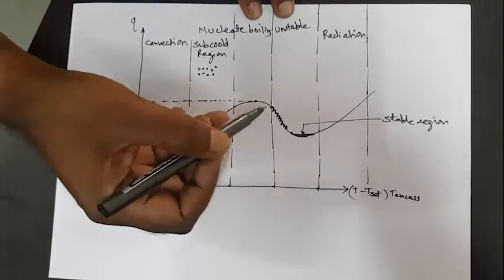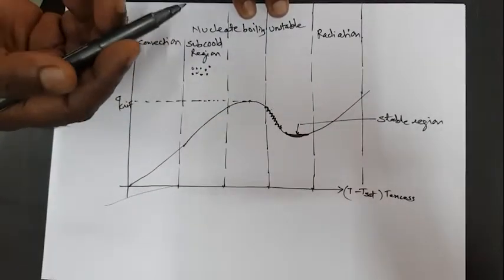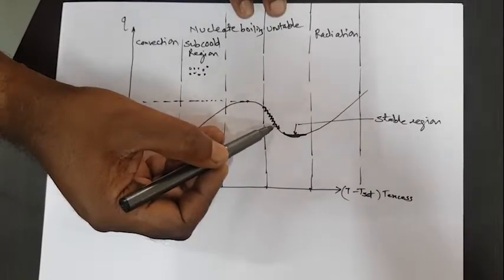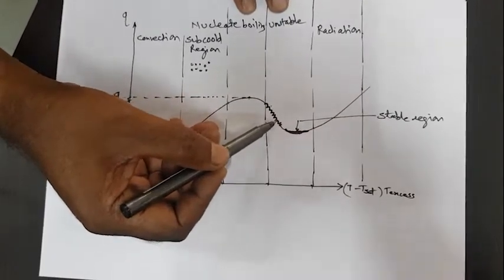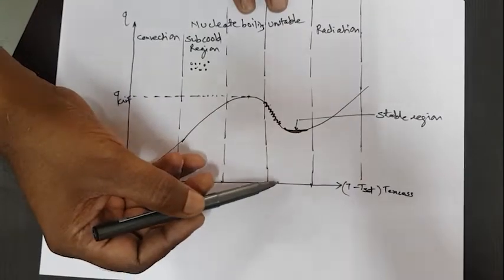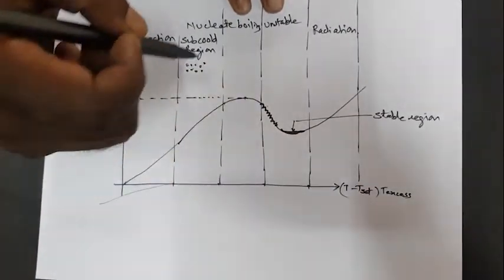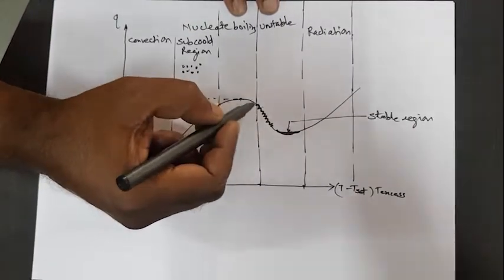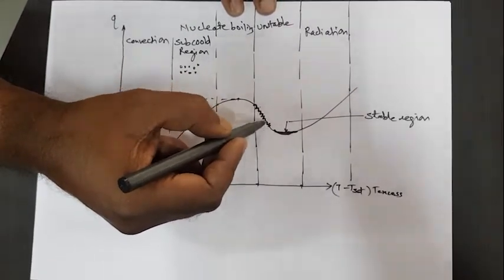Water vapor has a very low conductivity, and its coefficient will also be lesser. That is why the heat transfer rate from the heating surface to the water gets reduced because of the large number of bubbles formed. And that is why the heat transfer rate goes on decreasing here.